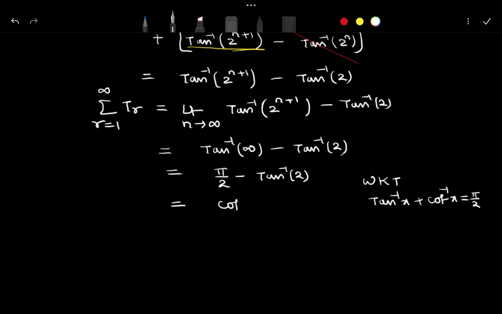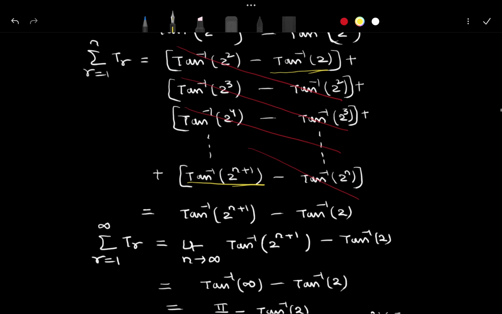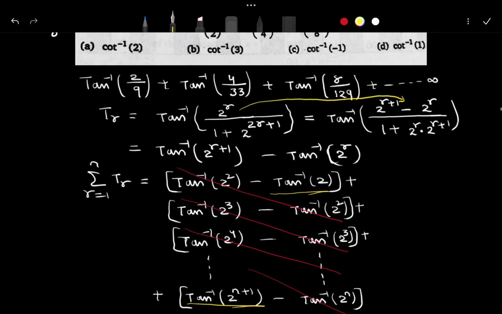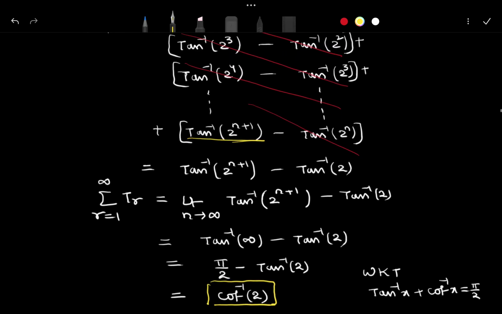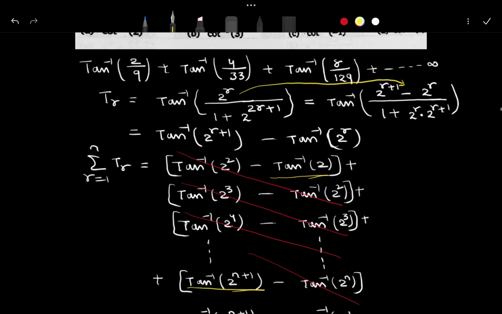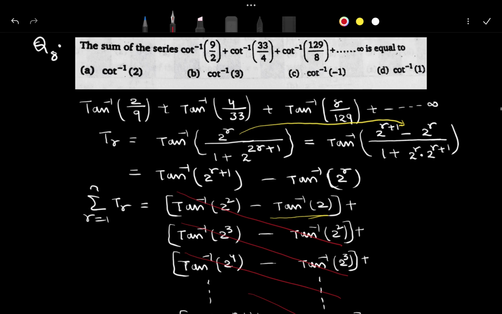So this value will be equal to cot inverse of 2. So this is your final answer. Now check the given options, is it the correct option or do you require any modifications? So please say cot inverse of 2 is the correct answer. So option A is the correct answer.